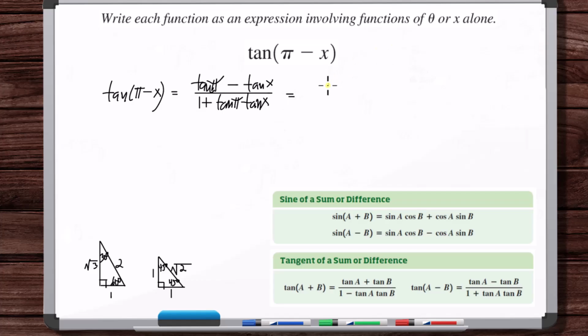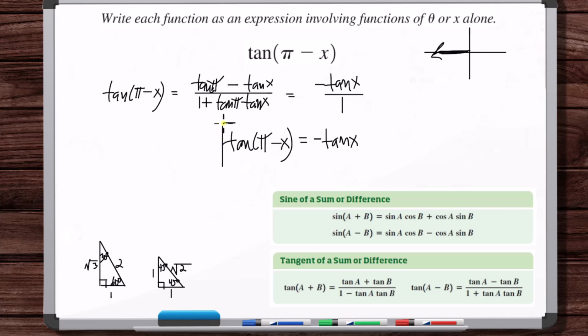Okay, tangent of pi, that's this angle here. So again, y is 0 here, so tangent of pi is 0. So we've got minus tangent of x over 1. So tangent of pi minus x is equal to minus tangent x.